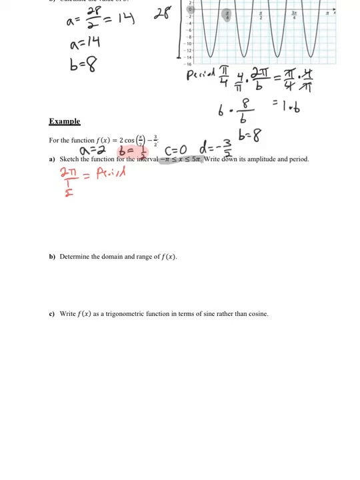Whenever I have a fraction over another fraction like this, I can really say 2 pi times 2 over 1. Flip the bottom fraction, the reciprocal of the fraction, to find the period. So 2 pi times 2 is 4 pi. So that's our period of the function.